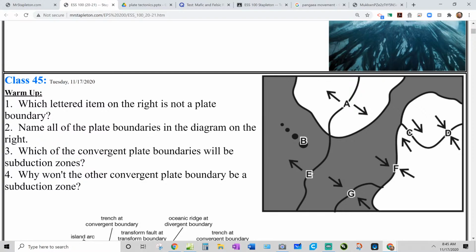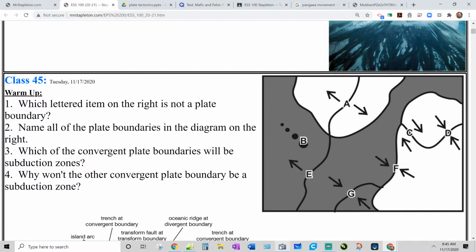E, ocean-ocean divergent, that's like the Mid-Atlantic Ridge. F, ocean-continent convergent, that's like South America, the Andes. And then G is like Japan. So there are 1, 2, 3, 4, 5, 6, 7 of these, and there are 7 places, and you kind of have to just remember what's what. Anna, does that answer your question?